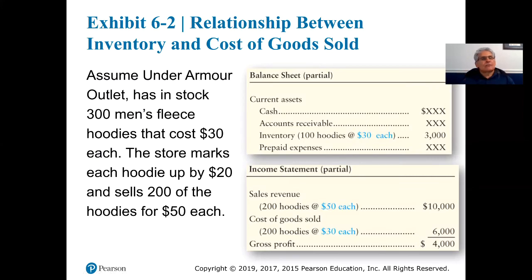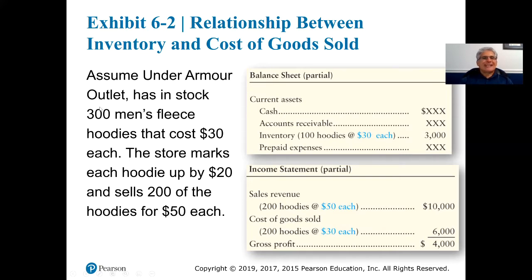Now, having said this, we know that there's a direct relationship between the inventory and the cost of goods sold. So assume Under Armour outlet has in stock 300 men's fleece hoodies that cost $30 each. The store marks each hoodie up by $20. So it pays $30, but it sells it for $50 and ends up selling 200 of the hoodies for $50 each.